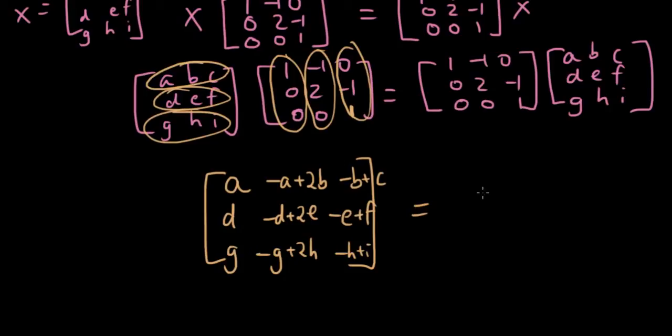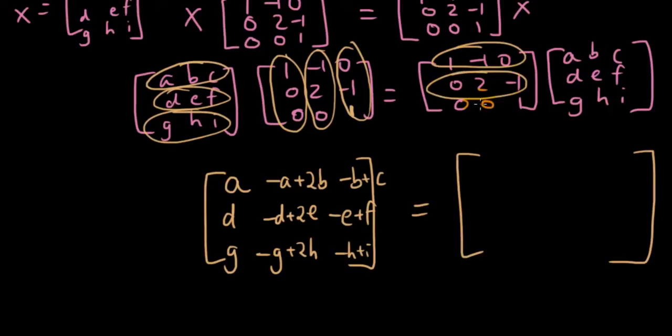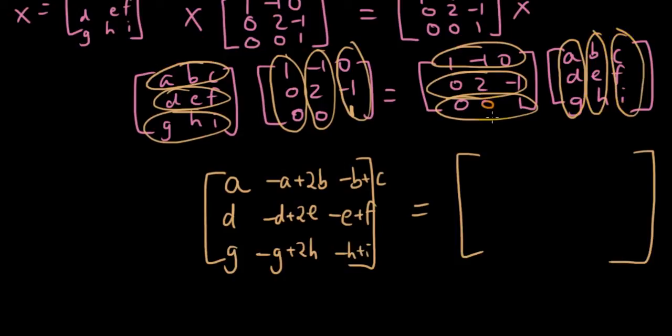Okay, so that's the left hand side, and on the right hand side I have the rows circled and the columns circled. So I have 1a minus d, and then I have 1b minus e, and then I have 1c minus f.